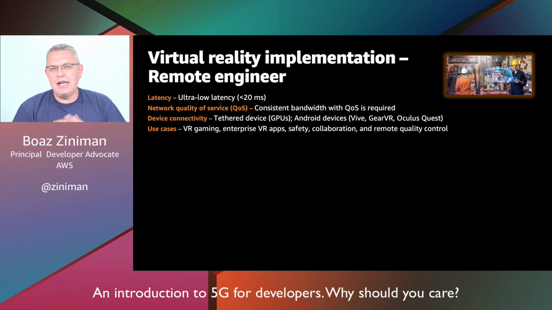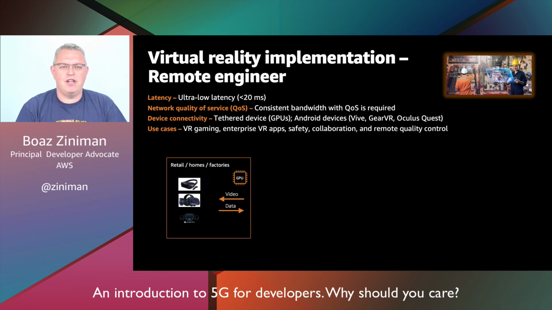And by adding a layer of virtual reality on top of what he sees using some VR devices like Gear VR or Oculus and some others, you can actually transmit a layer to this engineer using remote engineering and add this ability to see things virtually on top of what is available for him.